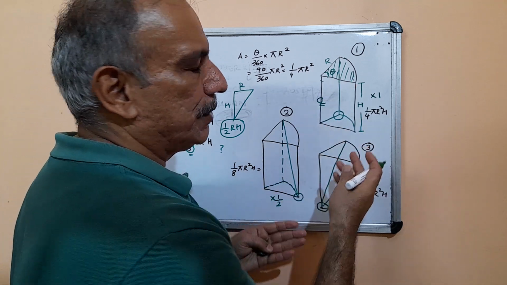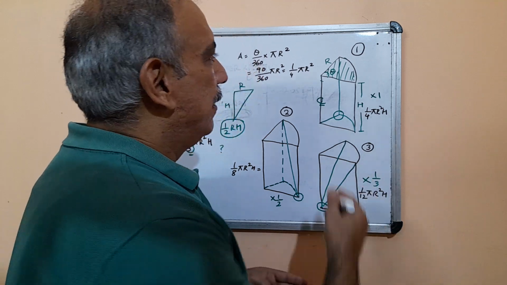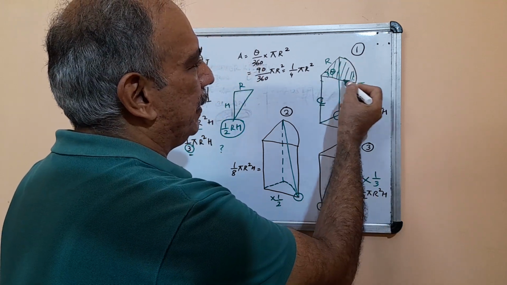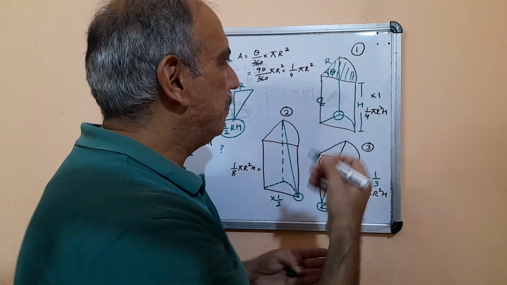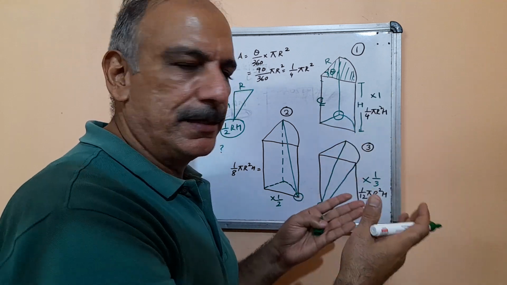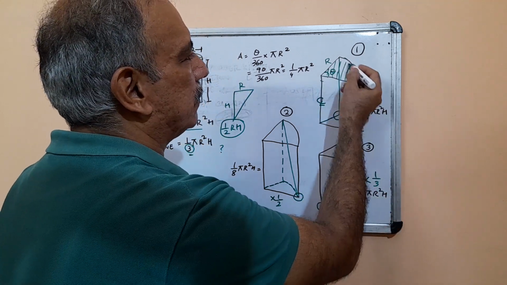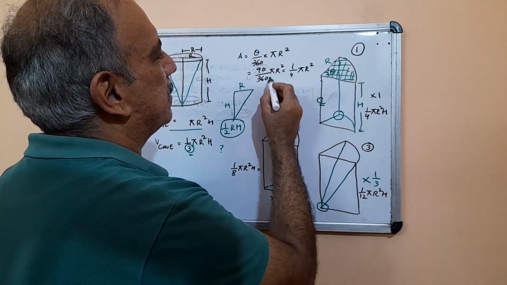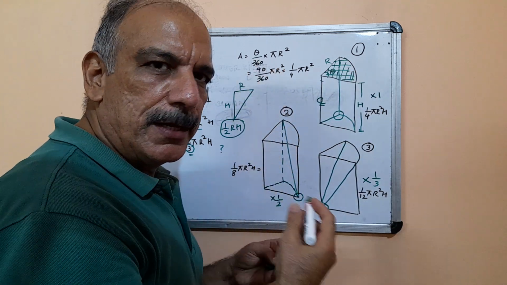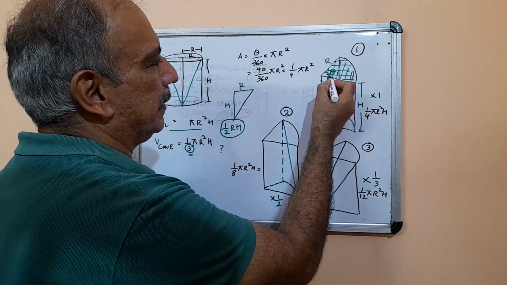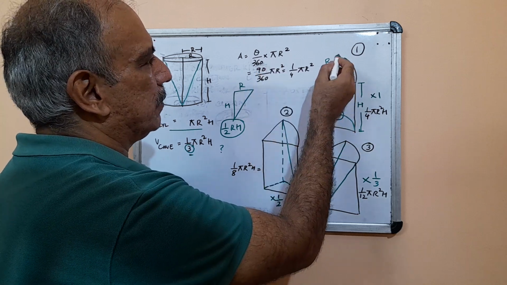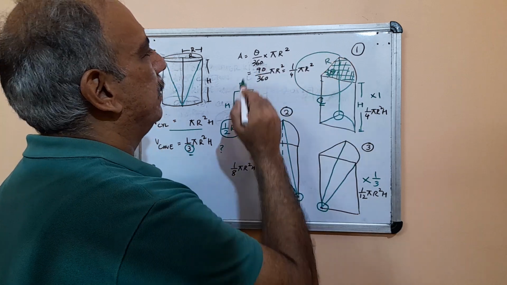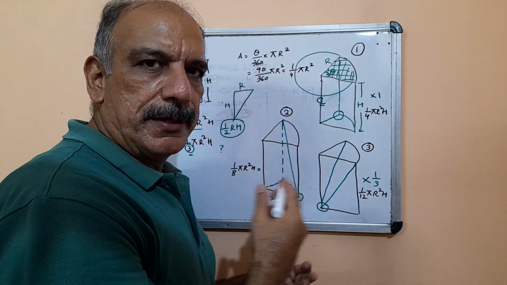Okay, so the volume of this wedge, how much is it? It is the area of the circular arc multiplied by h, which is the height, right? So what is the area of this circular arc? We have this formula: if this is theta, theta divided by 360, which is the whole circle, multiplied by pi r square.